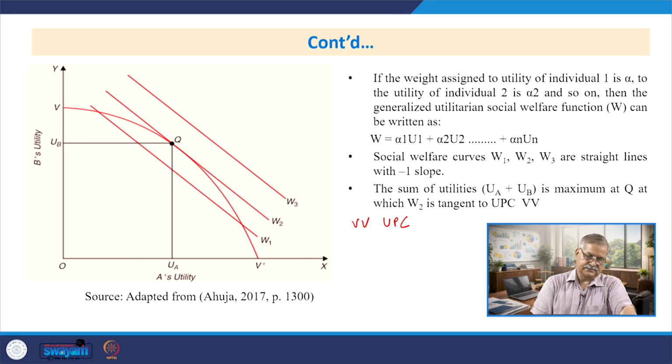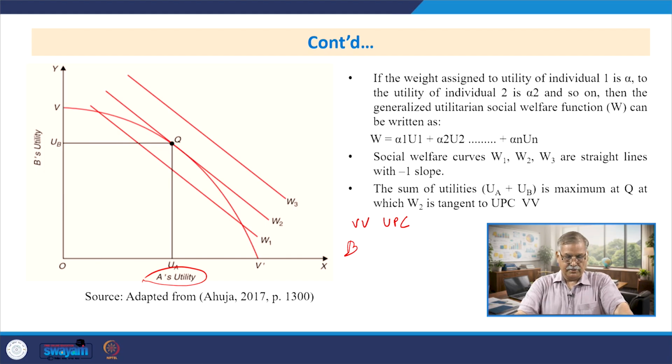On the vertical axis we have the utility of person B, and person A's utility is measured on the horizontal axis. VV is here the utility possibility curve, also called the utility possibility frontier. We also have W1, W2, W3, and they are social welfare functions.